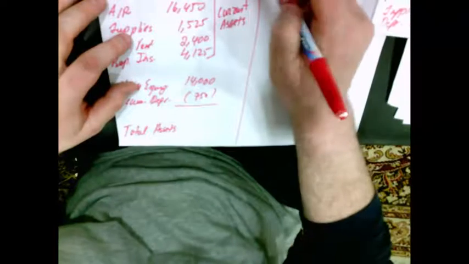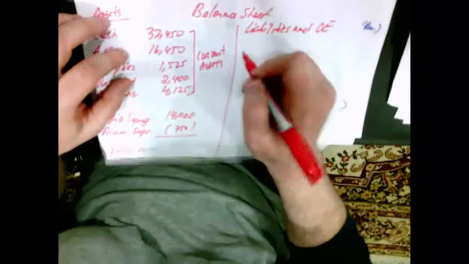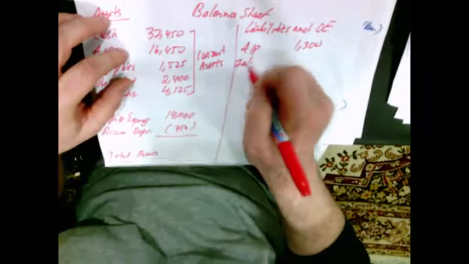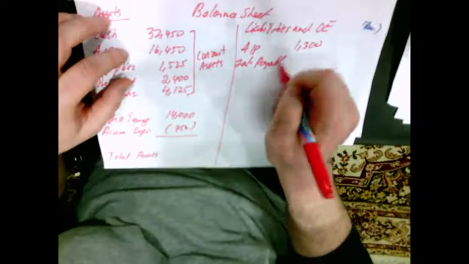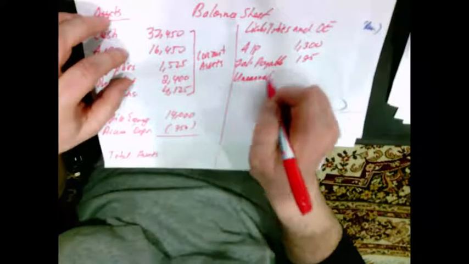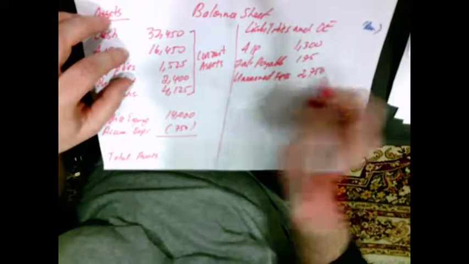Then on the other side I will have liabilities and owner's equity, I'll just say OE here. OE is owner's equity. Accounts payable 1,300. Salary payable 75. Fees 2750.